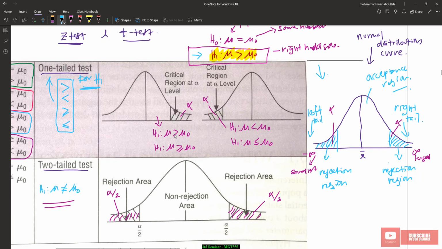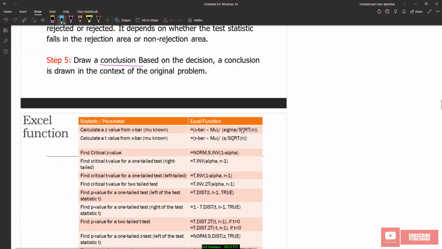Kalau more than, so dia akan right hand side. Kalau less than, left hand side. Sebab apa? Left hand side ni lebih kecil, right hand side dia lebih besar. Itu senang nak ingat kan?